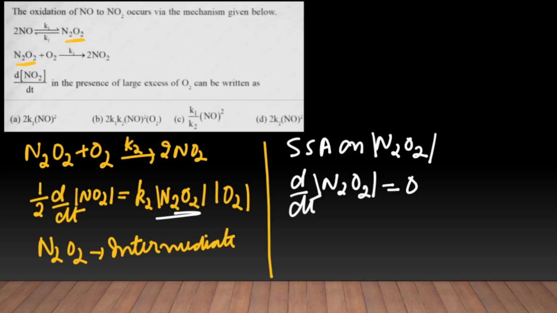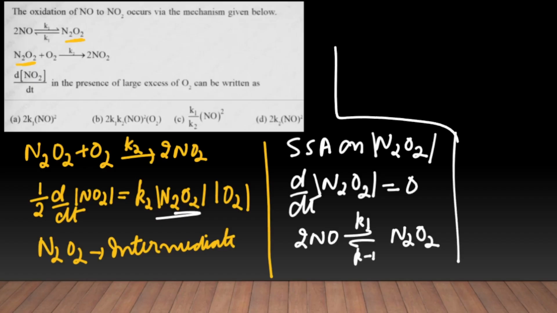Now to find this, the reaction is 2NO in equilibrium with N2O2. This is with the rate constant k1, and this is with the rate constant k inverse. So we can split this. I'm taking it in the forward direction, so it will become 2NO giving us N2O2 with the rate constant k1.